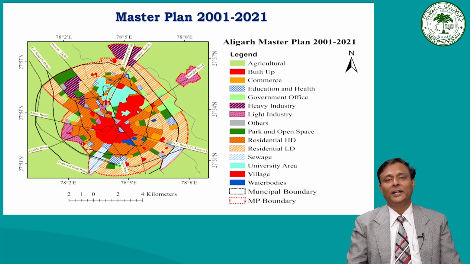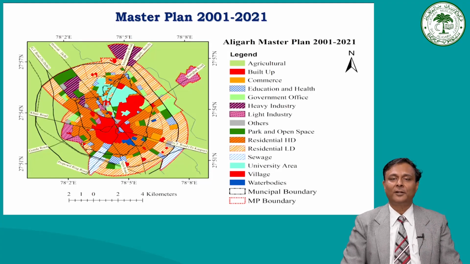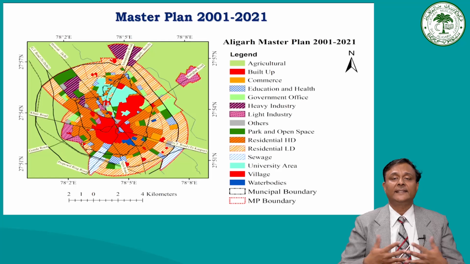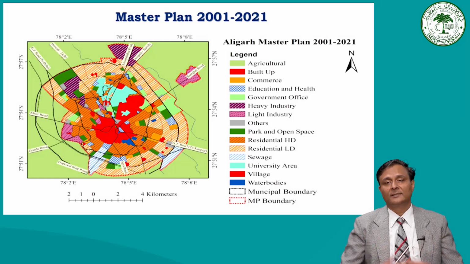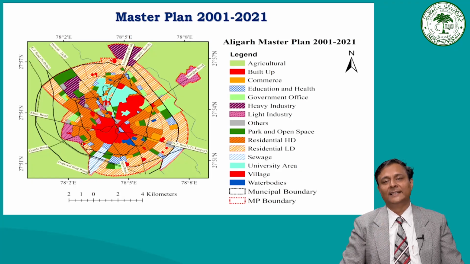Now what I did, this is the master plan, and I tried to find out, if I overlay this land use plan over the existing land use, what is the status of planning? How effective is the master plan in the city?